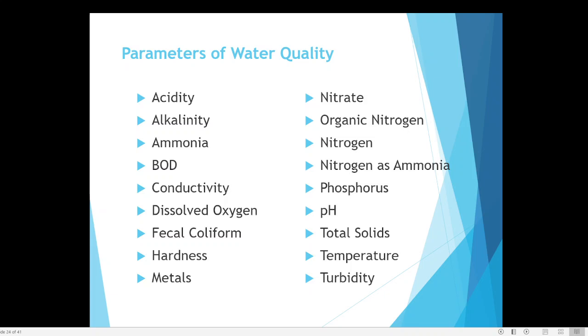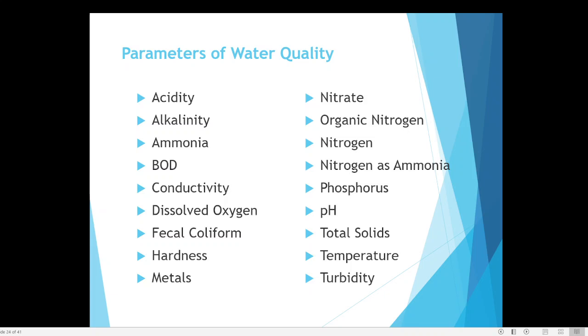The decaying process takes a lot of oxygen, so all the oxygen present in the water will be removed, and the water will contain little oxygen. And that water is also not safe for drinking. So BOD is an indicator. The BOD of the water should be at a normal level. If it is not within the normal value, you cannot call it safe drinking water. So that is another parameter.